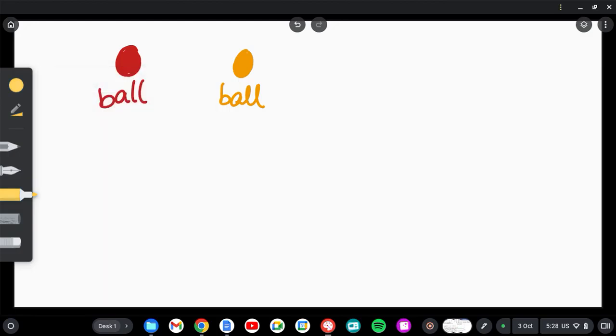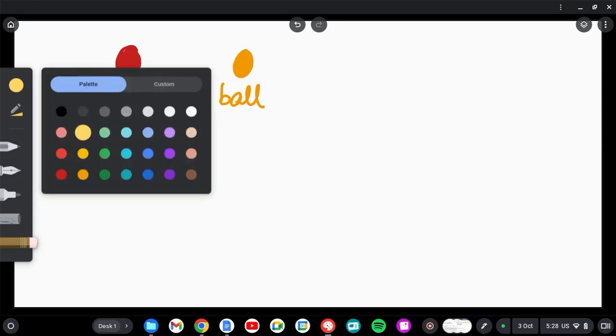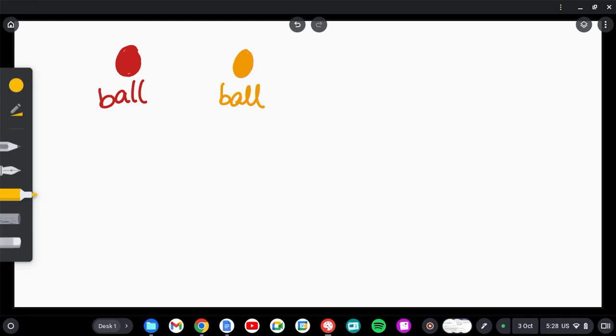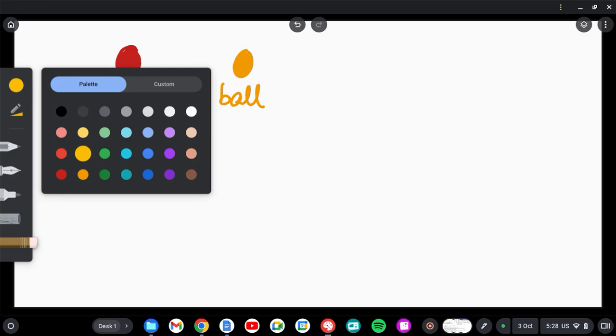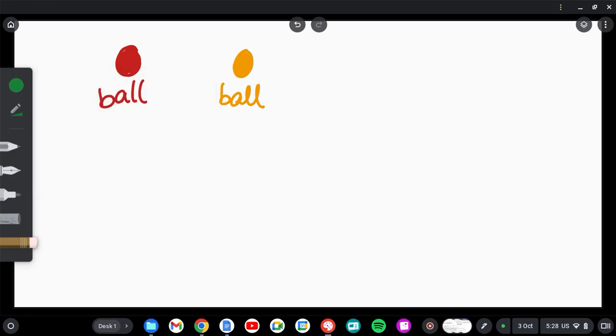And this is a yellow ball. I think you can see it. If you cannot see, let me darken a bit. This is a green ball, for example. Very colorful, all traffic light, right?